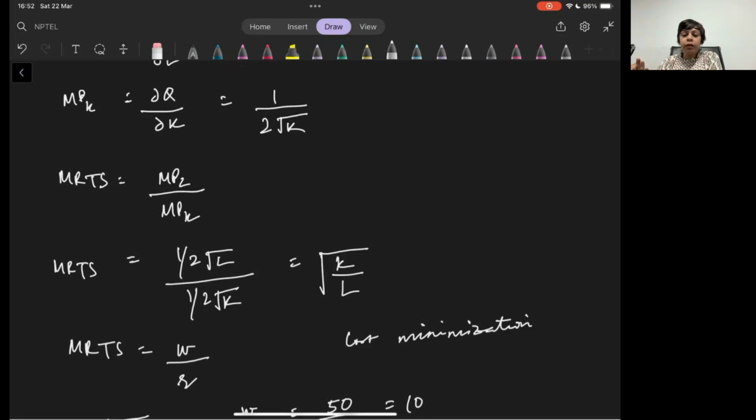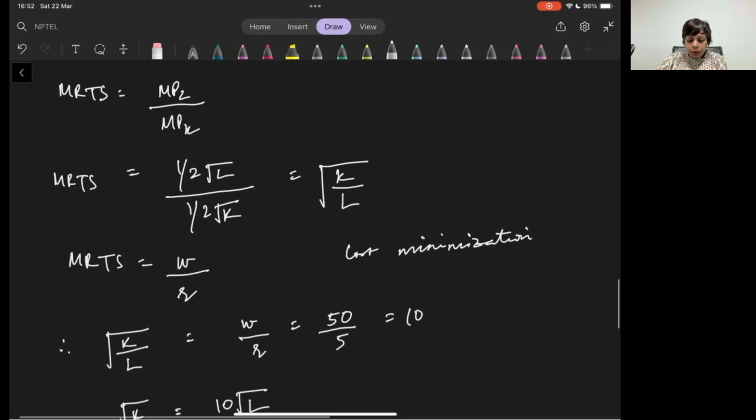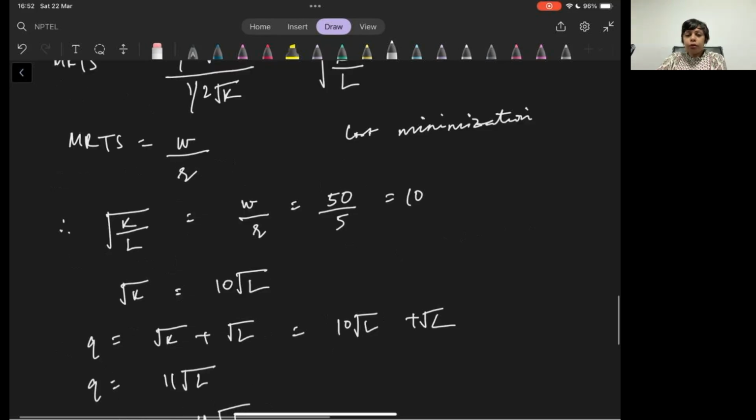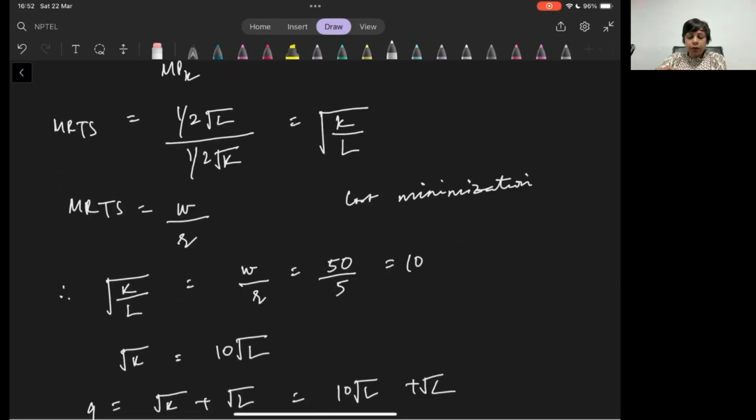It may even be involving only one variable. Sometimes it could happen like that, depending on what the production function is. In this case, we get root K by L, and we equate that to the expression W by R. We are given W and R, so we equate it to W by R.